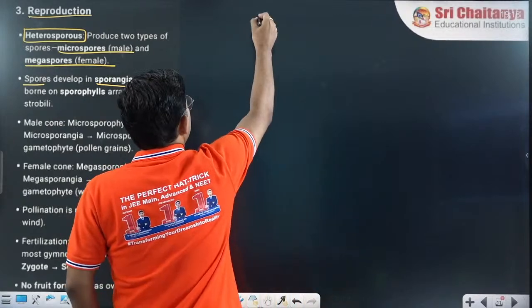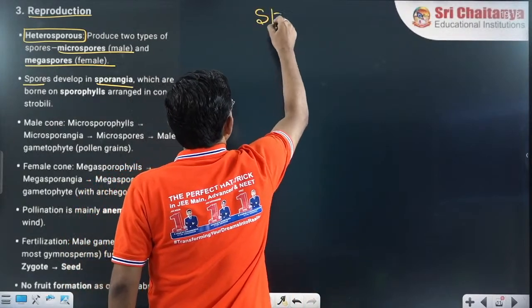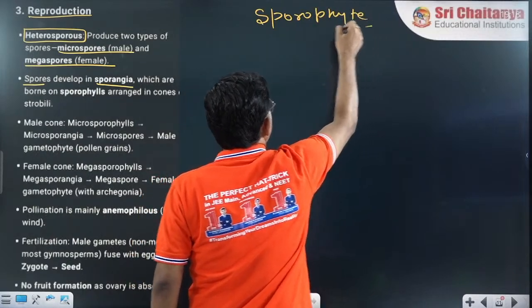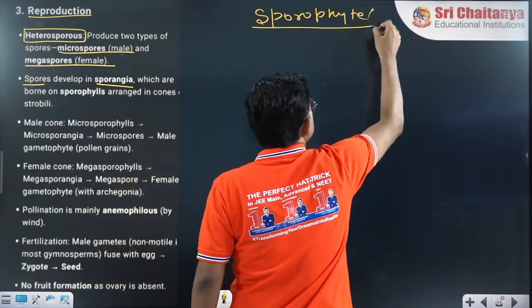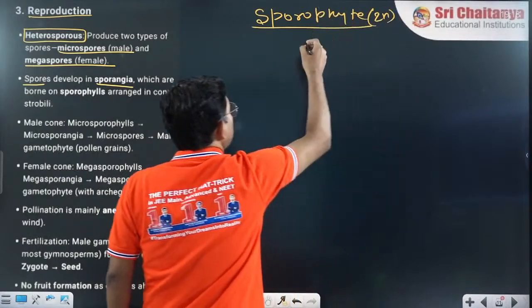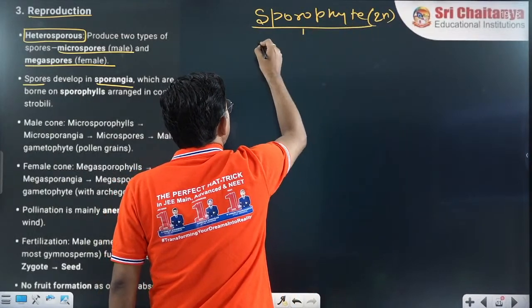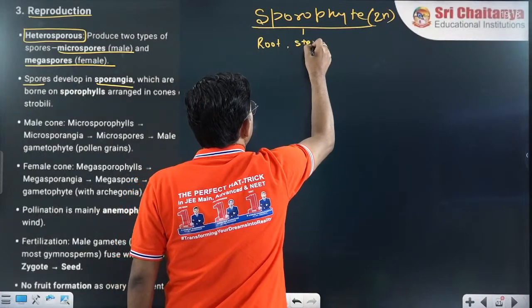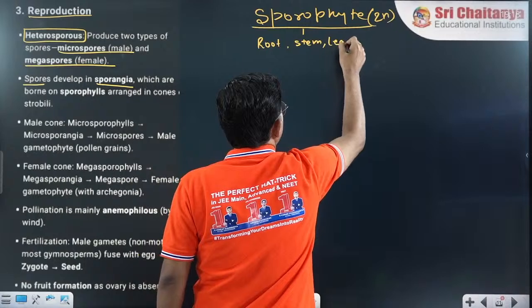Now, the main plant body is sporophyte, right? Sporophyte is the main plant body, which is 2n. This sporophyte will have root, stem and leaves.